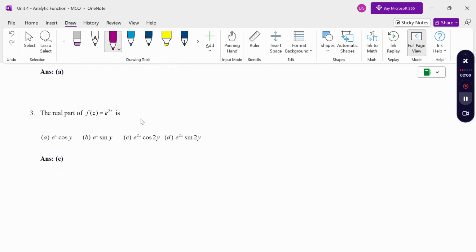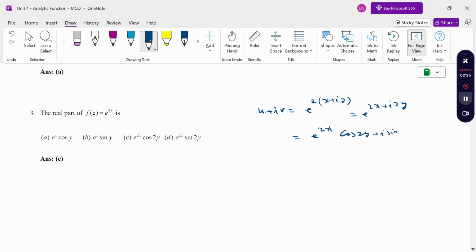And then find the real part. Here f of z is nothing but u plus iv, and e power 2x plus iy. Then from this, e power 2x plus i into 2y, e power 2x, cos 2y plus i sin 2y, when e power i 2y, then e power 2x cos 2y plus i into e power 2x sin 2y, u plus iv.